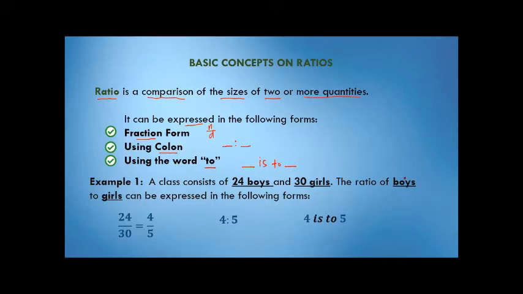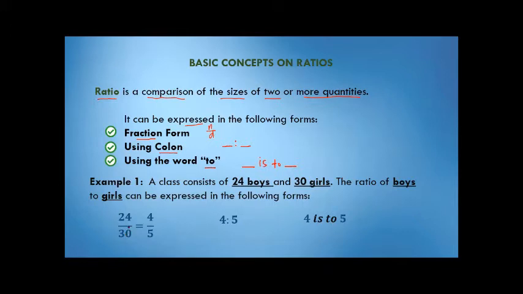So ibig sabihin, naunang banggitin ng boys, so that is the first quantity. Then followed by the girls, so ito yung second quantity. So mauuna ang 24 sa numerator, then 30 sa denominator kasi 24 ang boys, then 30 ang girls.